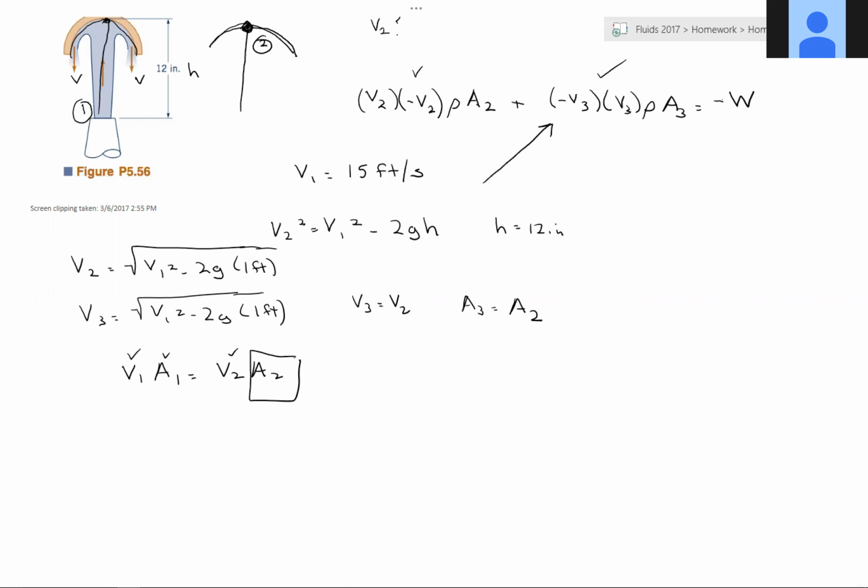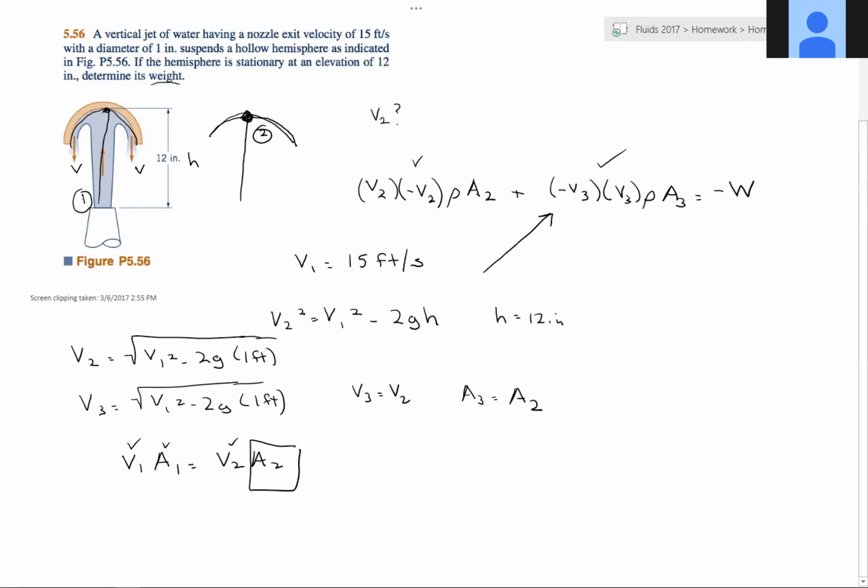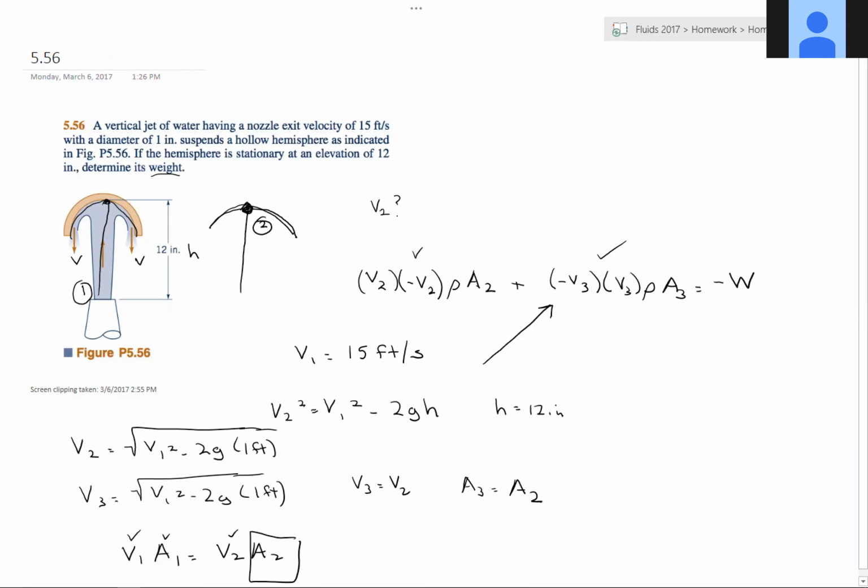Okay, so the hard thing about this, and one of the reasons I chose it, was because we hadn't used a weight before. One of the things is to realize that it's a hemisphere and not a disc or something like that, which means that the area is going to stay the same for what comes in and what goes out.